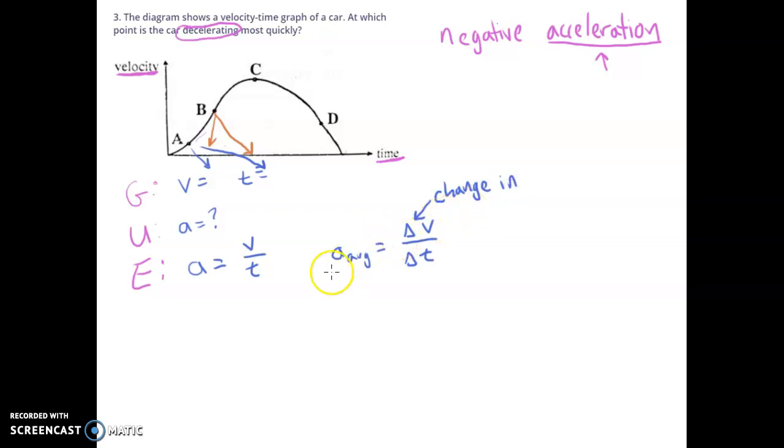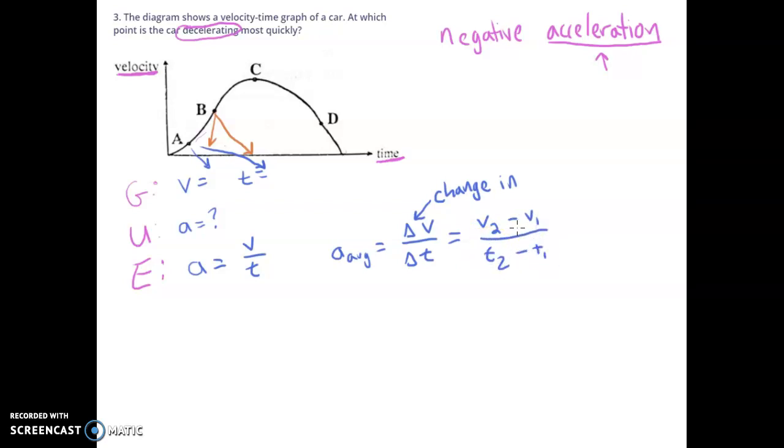So our average acceleration is our change in velocity divided by our change in time. And this is going to be our biggest clue to solving these graph questions. Again, this is from another video: v2 minus v1 over t2 minus t1.